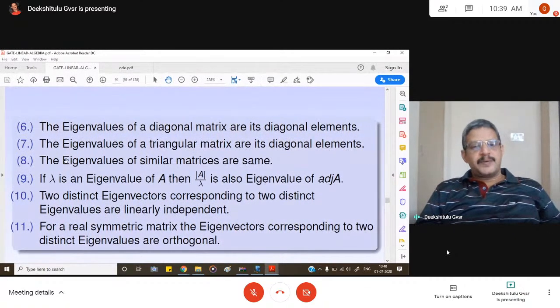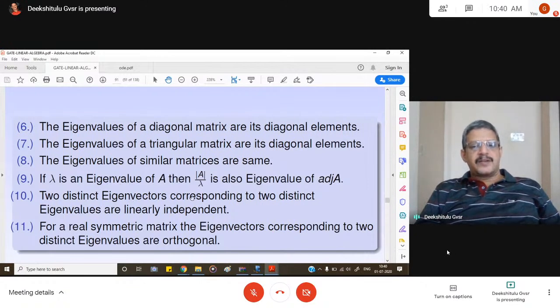I have just shown the same example. The eigenvalues of similar matrices are same. If lambda is an eigenvalue of A, then determinant of A by lambda is also an eigenvalue of adjoint of A. These principles are very, very important. Repeatedly I am telling you, please, you have to get them by heart. And some of the problems, I don't say most, depend on the principles.